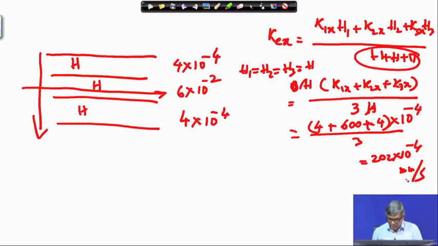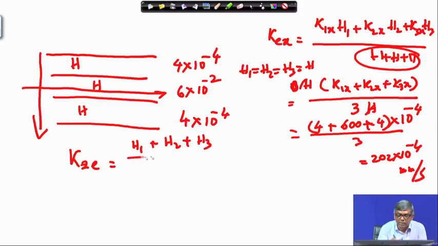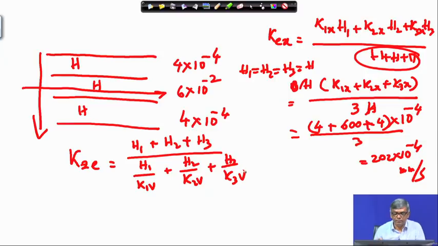And whereas in kze, when you consider the vertical direction, it will be h1 plus h2 plus h3 divided by h1 by k1v plus h2 by k2v plus h3 by k3v.